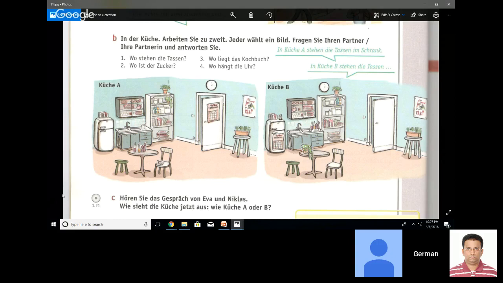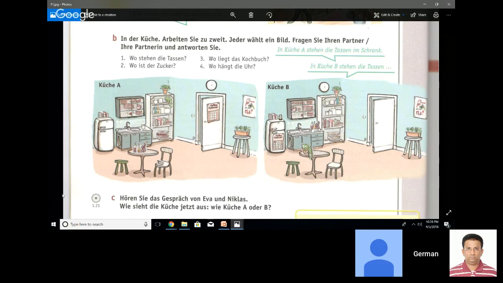Wo ist der Zucker? In Küche A oder B? Der Zucker is in the Tassen. I hope it is there in the cup. Can you repeat the answer, please?